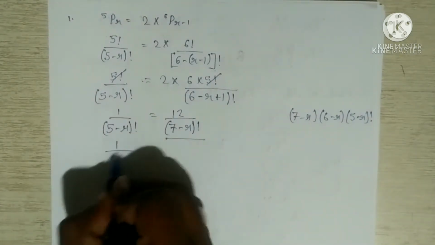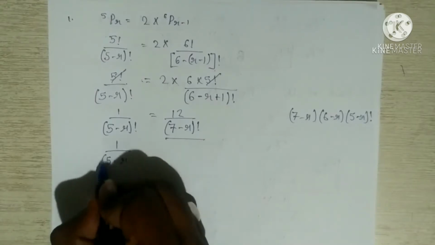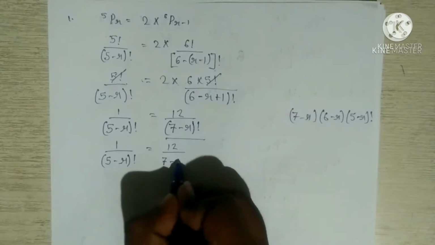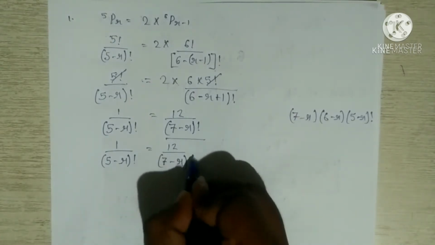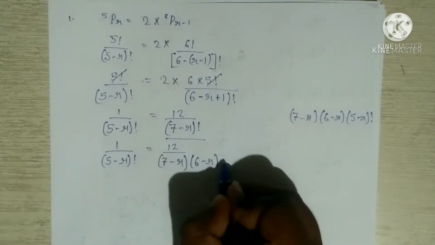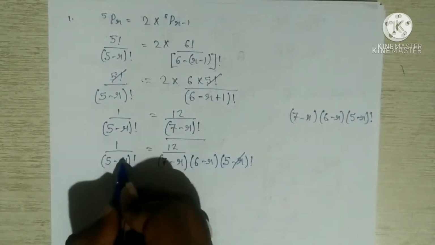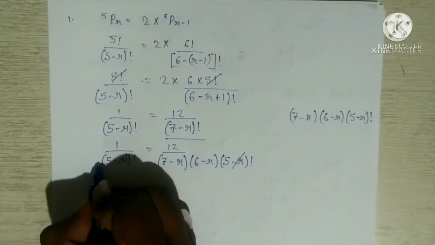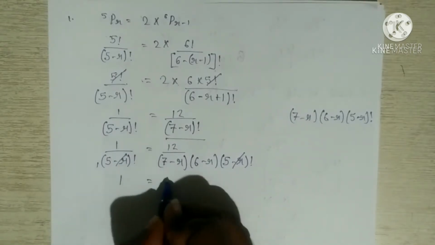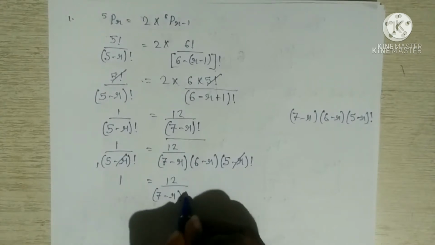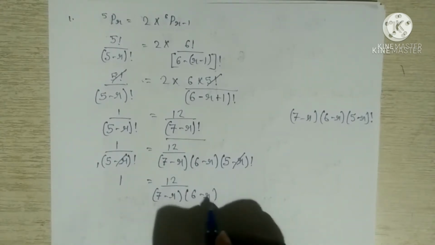Then substitute: 1 by (5-r) factorial is equal to 12 by (7-r) into (6-r) into (5-r) factorial. (5-r) factorial and (5-r) factorial cancel. This will become 1. 1 is equal to 12 by (7-r) into (6-r).